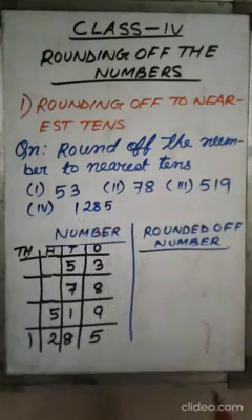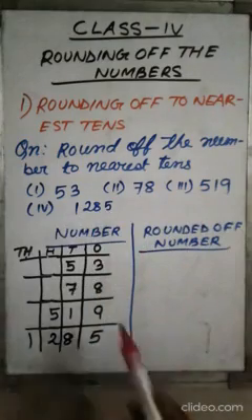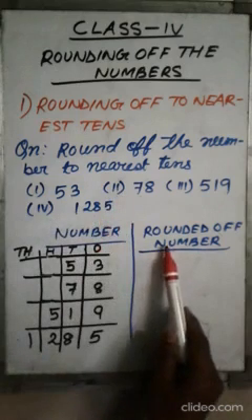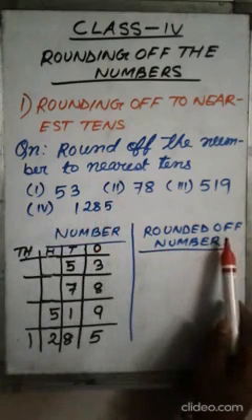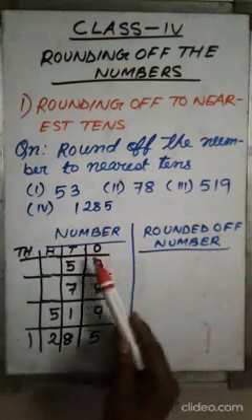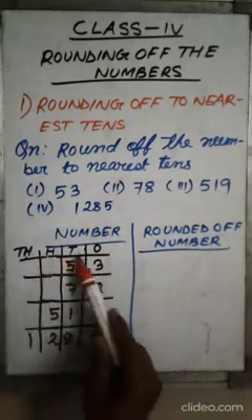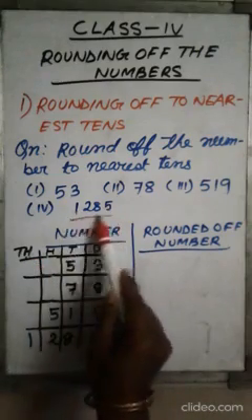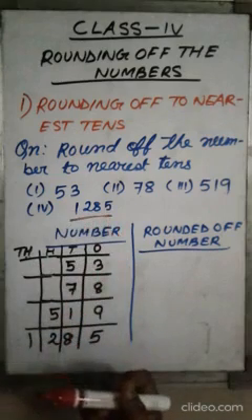1285. I have written the numbers on this side, and here I shall be writing the rounded off numbers. I have drawn the place value chart up to 1000 because the highest number has place value 1000.